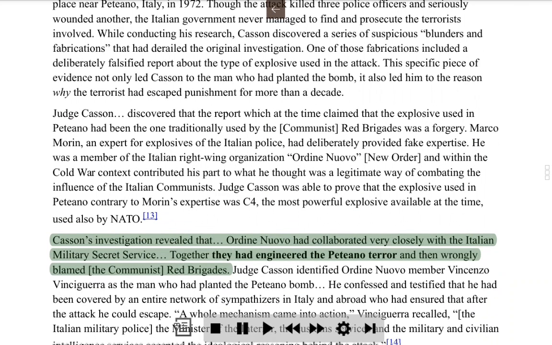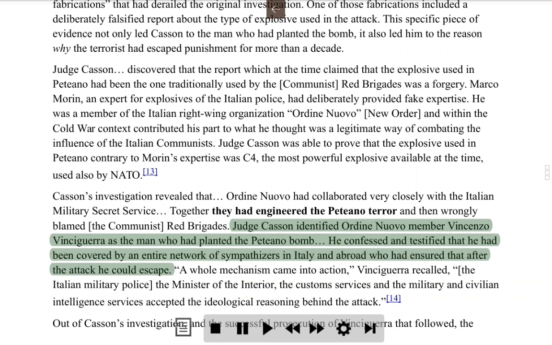13. Casson's investigation revealed that Ordine Nuovo had collaborated very closely with the Italian military secret service. Together they had engineered the terror attack and then wrongly blamed the communist Red Brigades. Judge Casson identified Ordine Nuovo member Vincenzo Vinciguerra as the man who had planted the bomb.